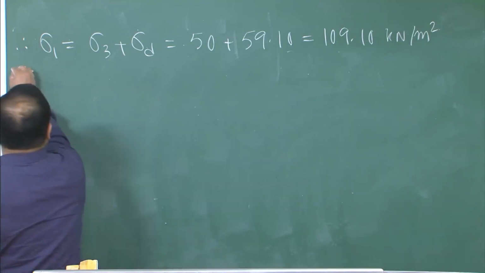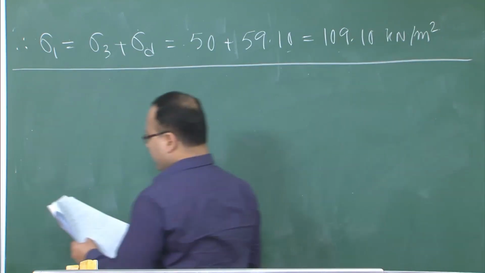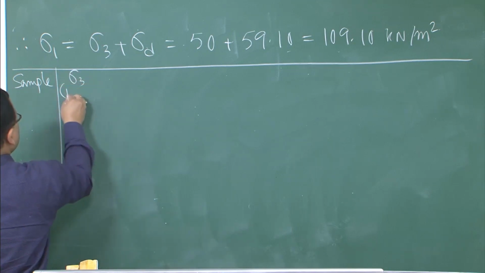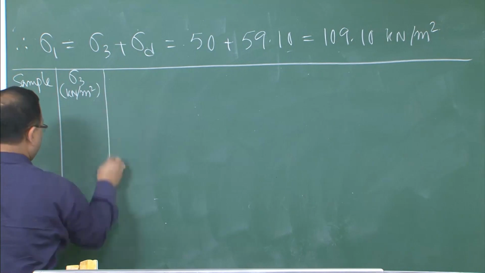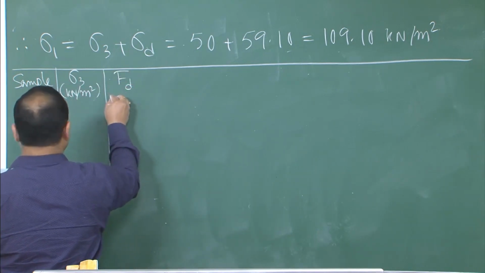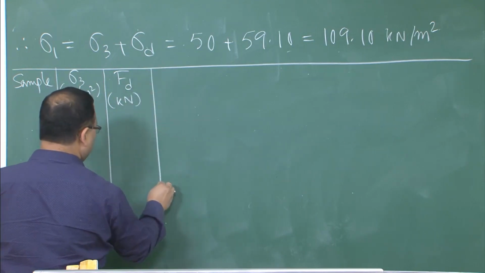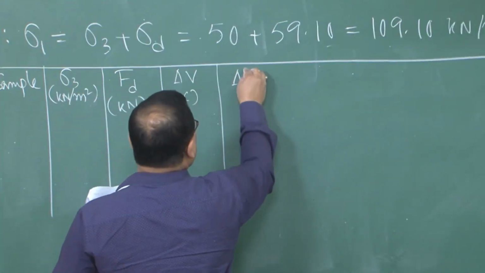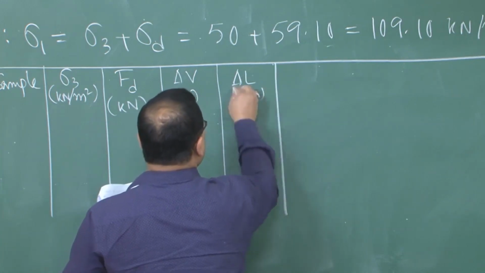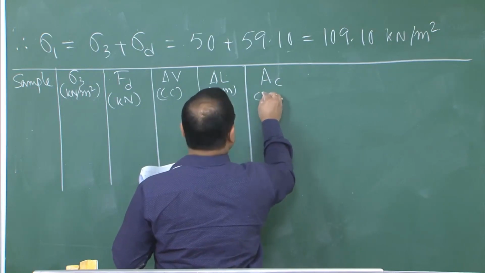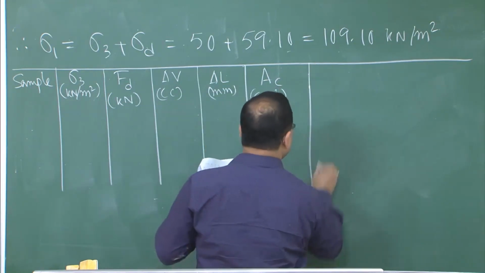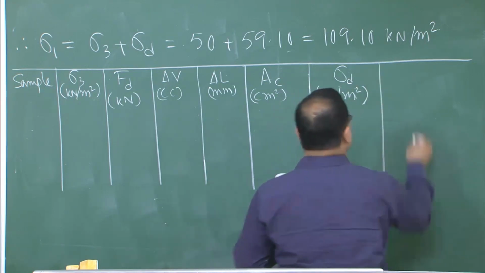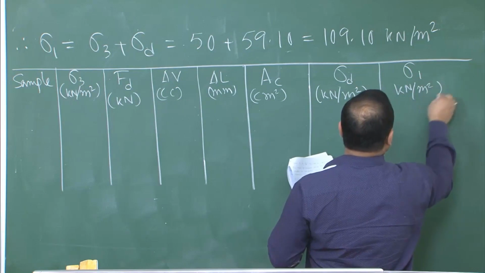So, if I make the table something like this, where you have sample, then sigma 3 in kilonewton per meter square, then deviated load in kilonewton, then volume change in cc, then axial deformation in millimeter, then corrected area in centimeter square, then sigma d, that is the deviated stress in kilonewton per meter square, and then sigma 1 in kilonewton per meter square.